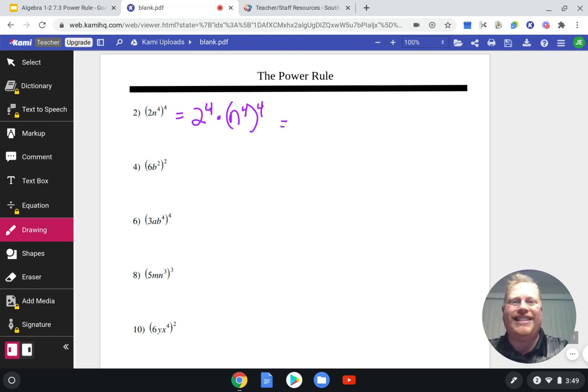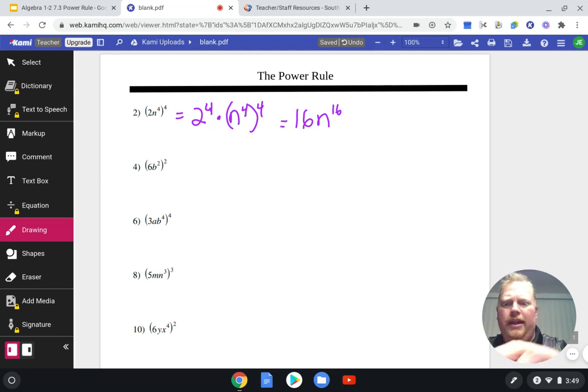So 2 to the 4th is not 8. It's 2 times 2 times 2 times 2. So 2 times 2 is 4, this 2 times 2 is 4, and 4 times 4 is 16. And then multiply the exponents, and I get n to the 16th.